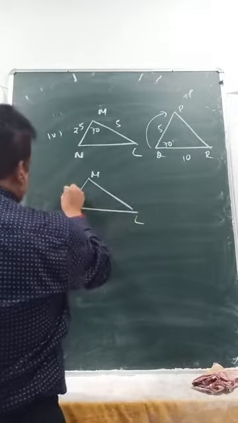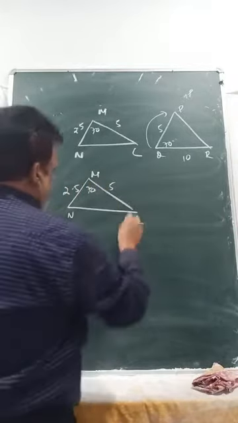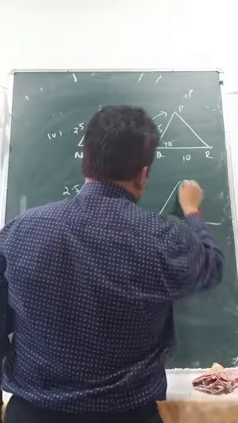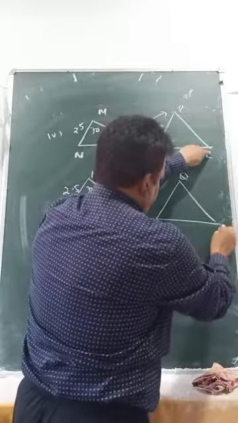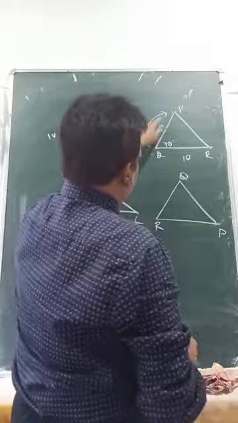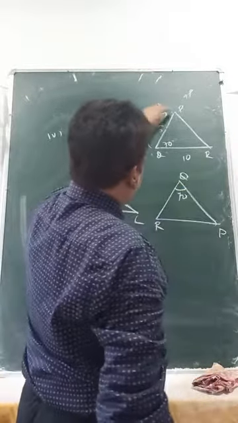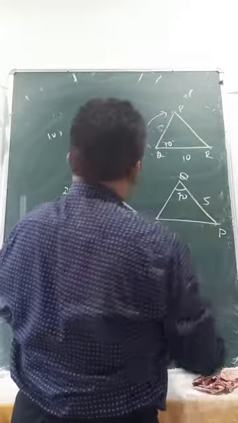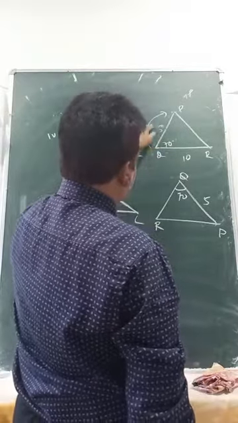MNL, 2.5, 75. By rotating, Q will go here, P will come down, R will come here. So this will be 70. Which one is PQ? PQ is 5. Then this will go this side, 10.